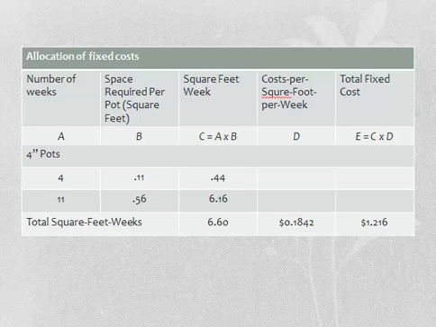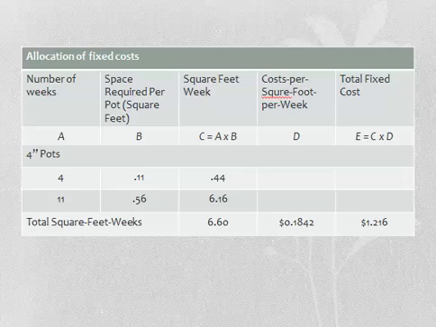Then for the next 11 weeks to finish off the production, they were spaced out to 0.56. If we multiply the 11 times the 0.56, then we get 6.16 square feet weeks. When we add that together, we find out that each poinsettia pot was responsible for 6.6 square feet weeks.